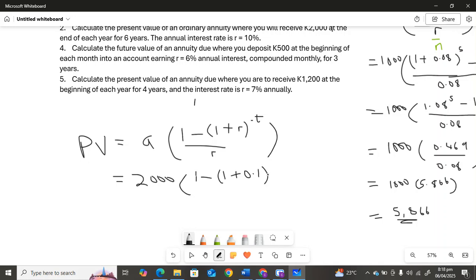The time is 6 years, so to the power negative 6, over 0.1.